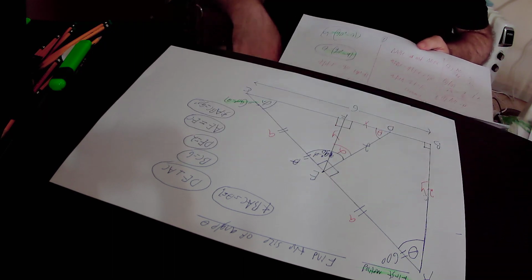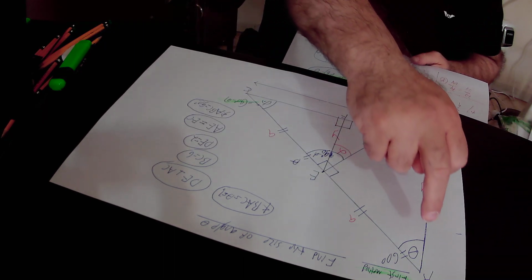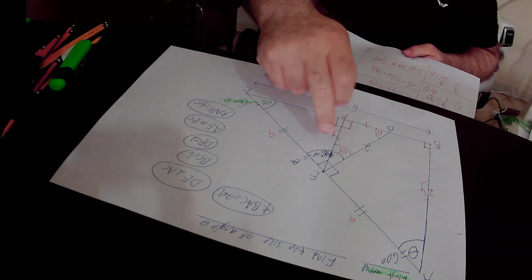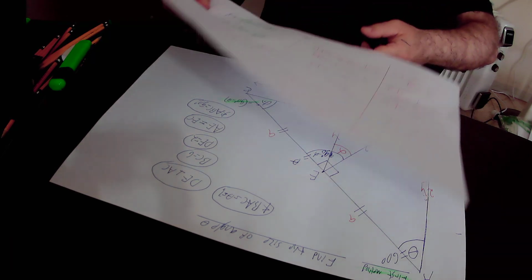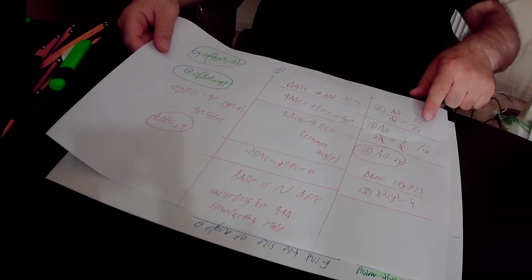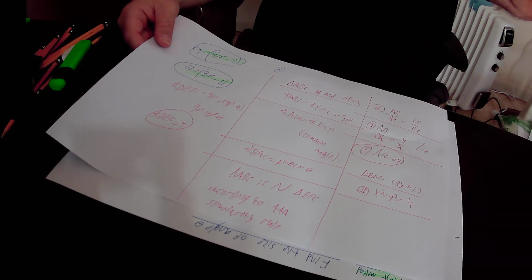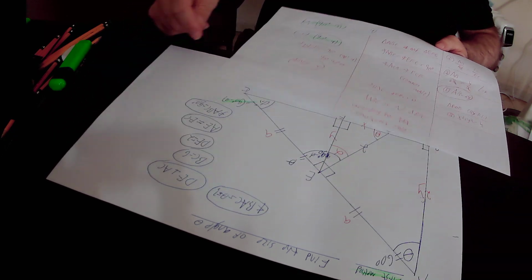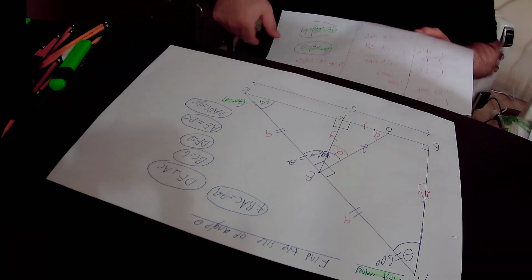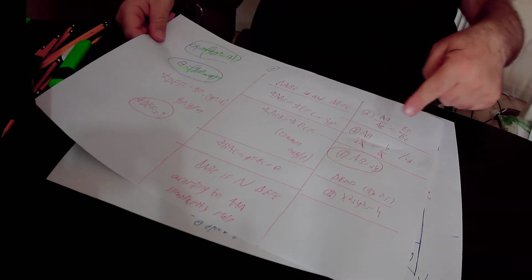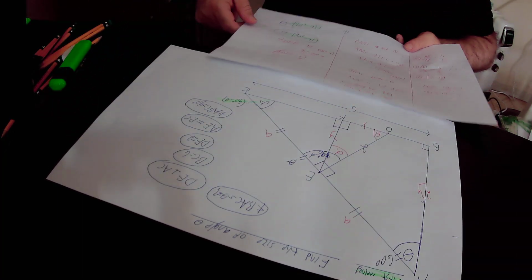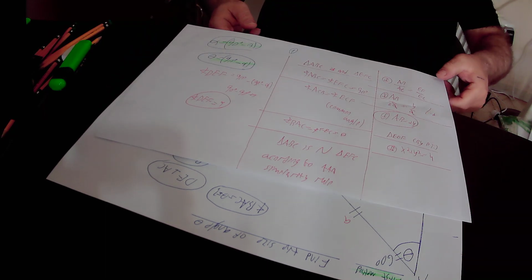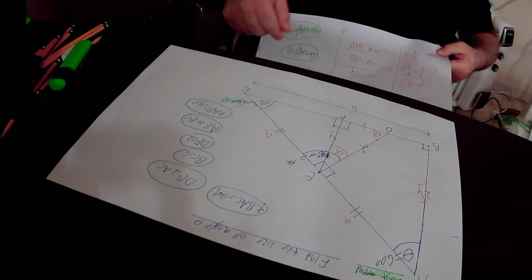From the fact that those two triangles are similar to each other, we conclude that AB over AC equals EF over EC. AB is AB, AC equals a plus a, that is 2a, EF equals y, and EC equals a.